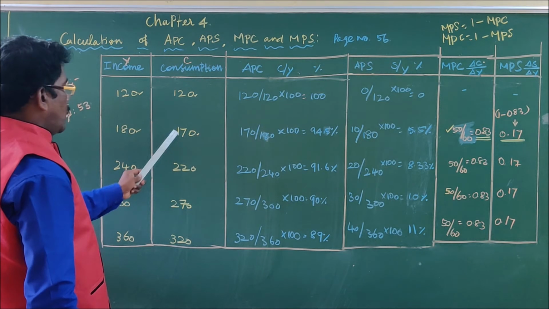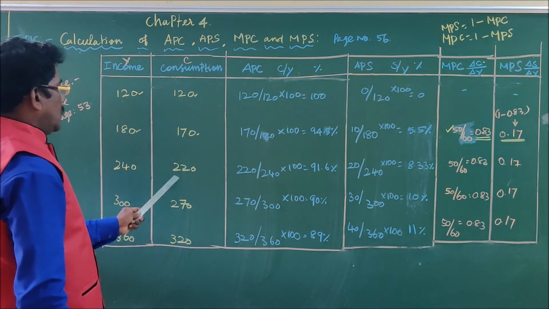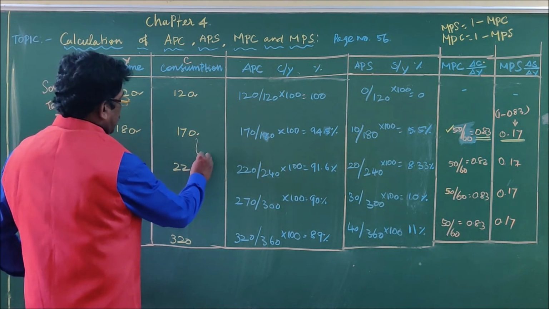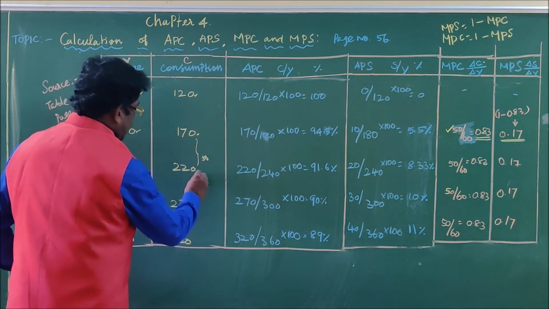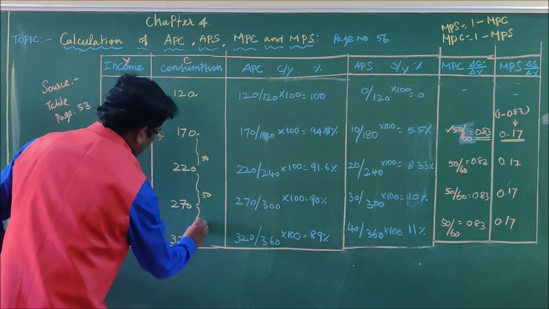In the second case, for all the cases, look at the level of change. 120 is the previous one, 170 is the previous one, now 220. How much increasing? 50 rupees increasing. In all the cases, the consumption is increasing by 50.